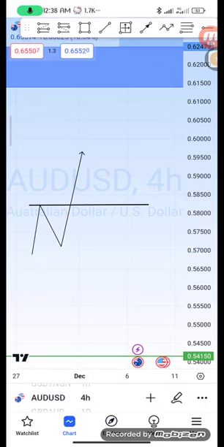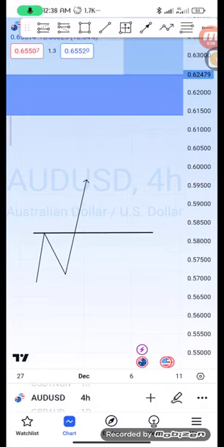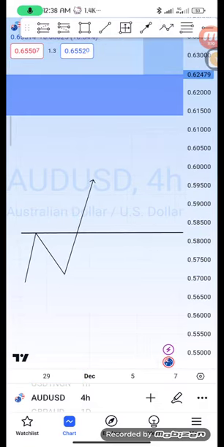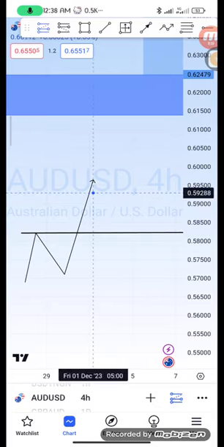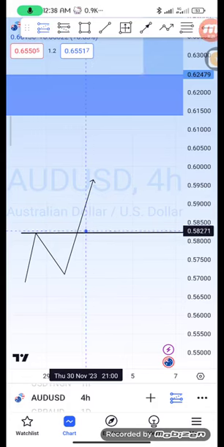And I know that because the market moves in a zigzag. So what I will do is put my position sizing tool here.